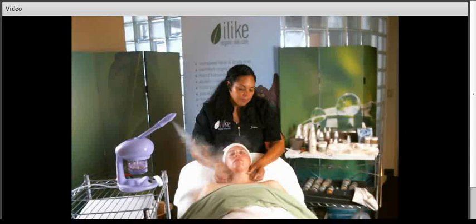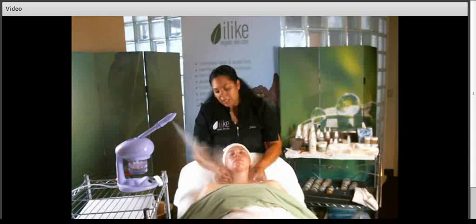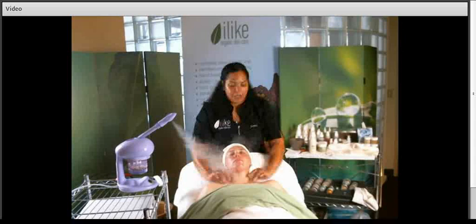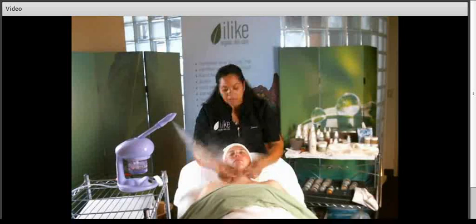And the lighter the pressure, the better, because if you get too much pressure, you're going to go right past the lymphatic tract. Never over the Adam's apple.